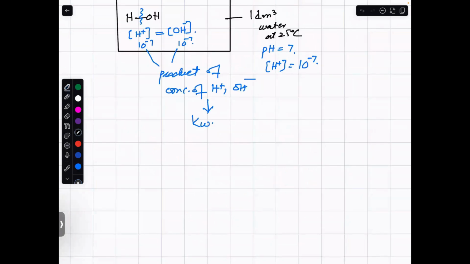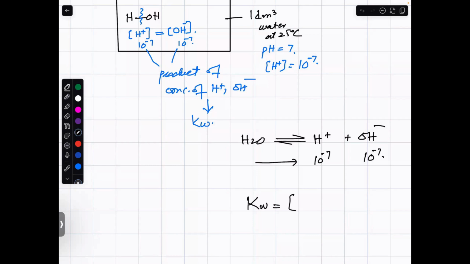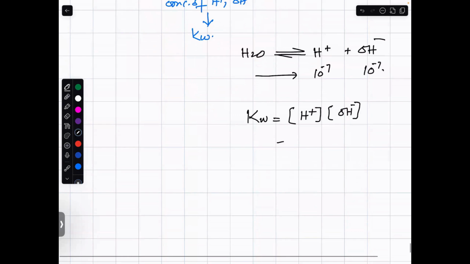Like water ionizes, produces H plus, produces OH. It ionizes, there are 10 power minus 7 H plus, there are also 10 power minus 7 OH. And the KW is the product of the concentration of ions in water at this temperature.